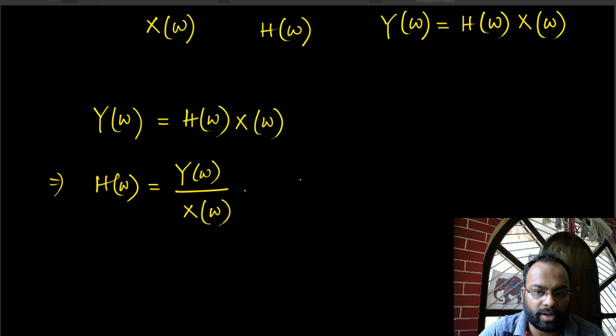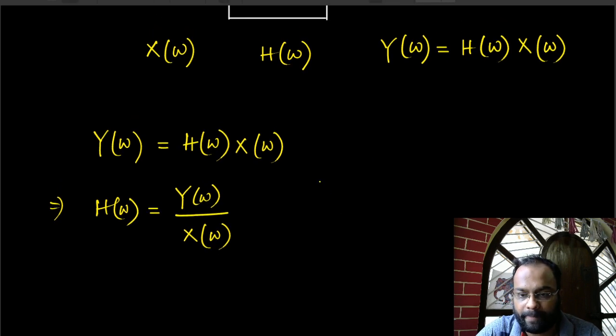Do you understand what I just said? That's simple division. This division is happening simply because this was just a multiplication, not a convolution or anything like that. So try to understand what I just said here.